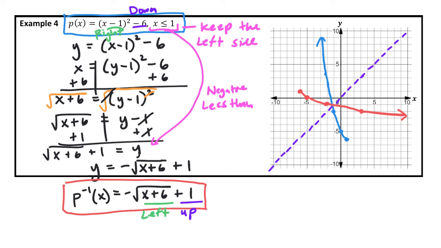Awesome. So then we see that this blue and this red has a better reflection. If this purple line is the mirror, then we see a better reflection with the blue and the red.